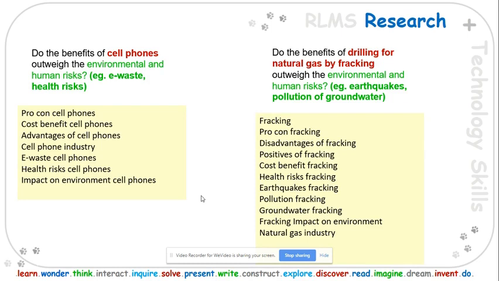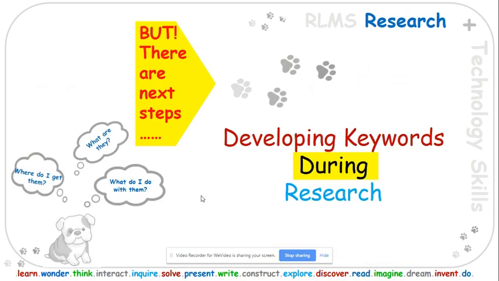As you start to do your research, you'll find other words to combine in order to drill down and find more information. Don't forget to use these words: pro, con, advantage, disadvantage, cost benefit, or positive and negative. Those really help you get the information that you're looking for.